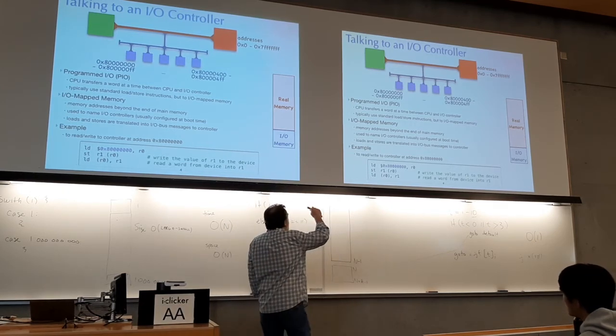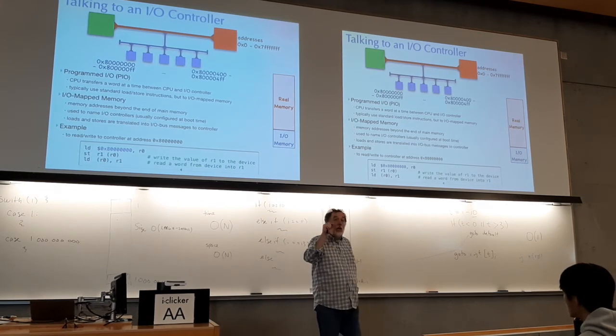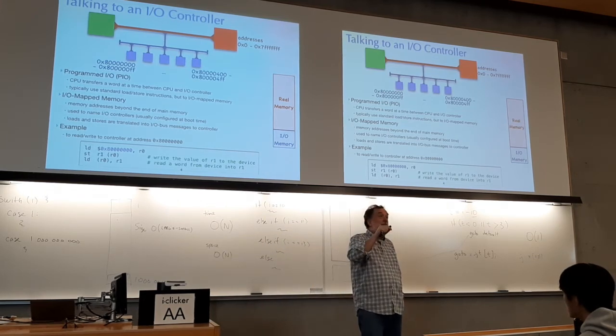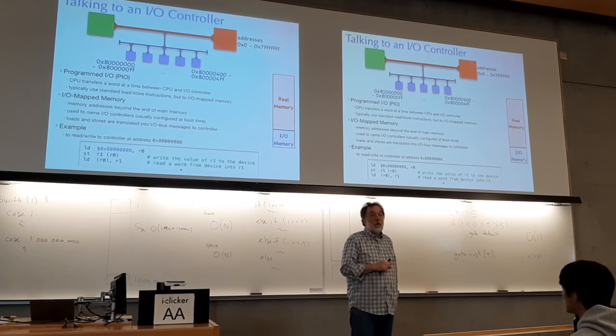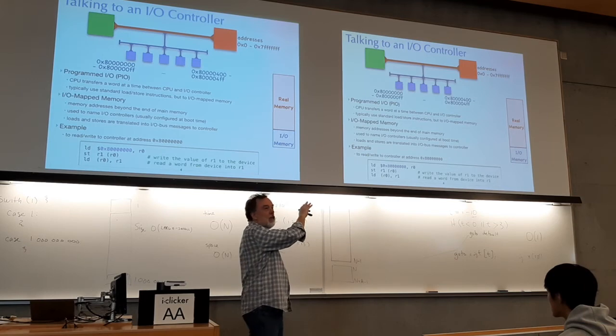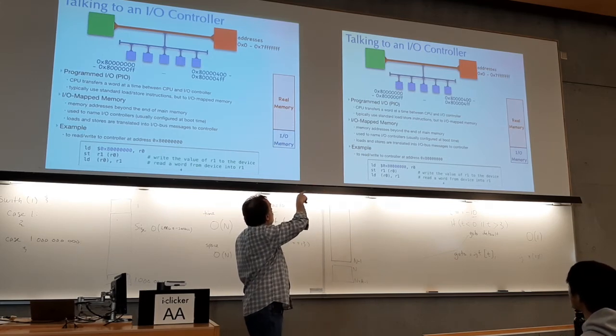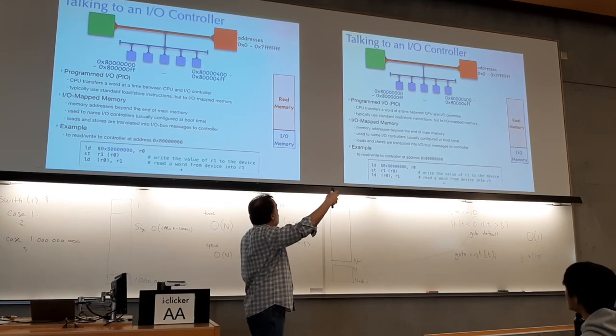So that if I want to send a message to an I/O controller, I will do a load or a store to its I/O address. You can see in this picture, we've assigned the addresses to each of the I/O controllers in ranges. So the first one is 8000 to 80FF.